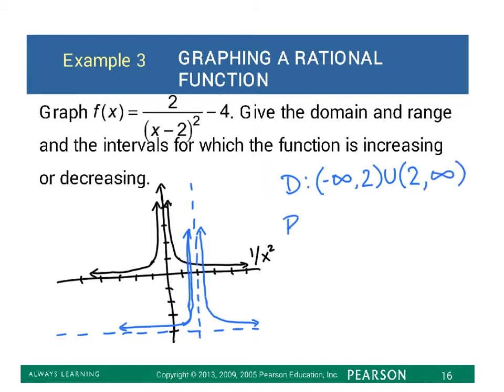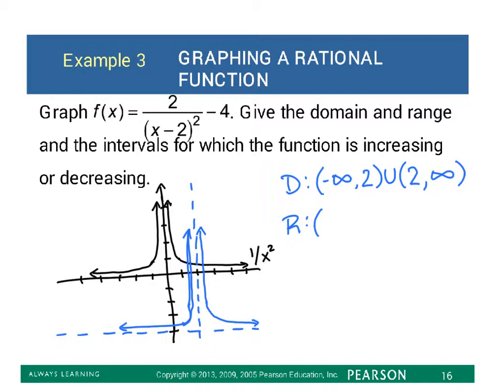Now the range, looking at all of our y values, start from the bottom up. Well, there is nothing below this point right here. So where we're going to say our range begins is at -4, but we're not going to include that value because that is our horizontal asymptote.